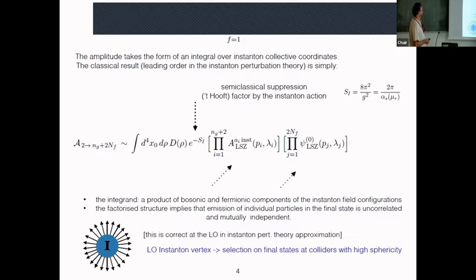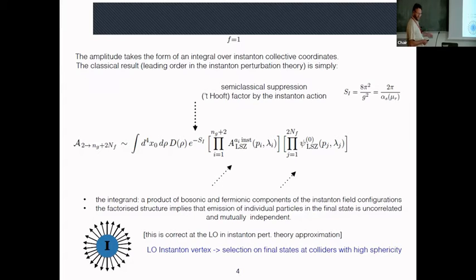So how do you compute an amplitude which is dominated by an instanton, from a two-particle initial state, let's say a two-gluon initial state, to n gluons plus 2nf fermions, right? You compute the amplitude by looking at the path integral dominated by the instanton.